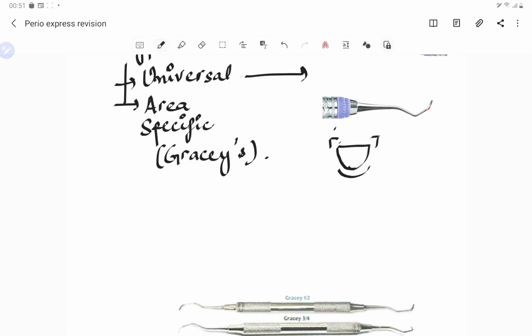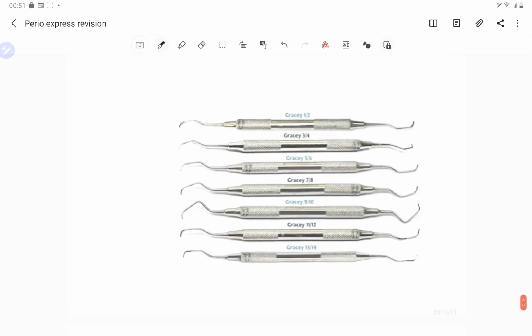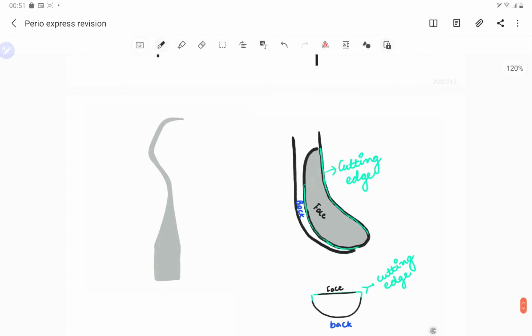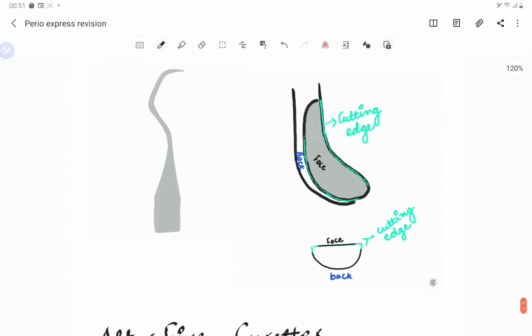So these are basically the cutting edges. Let me show you how these curettes are designed. Guys, this is a typical curette, and these are the cutting edges of the curette.